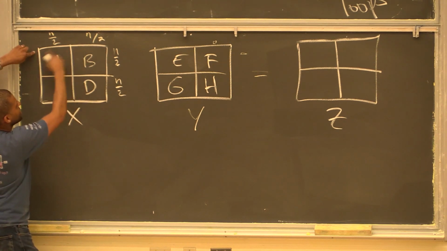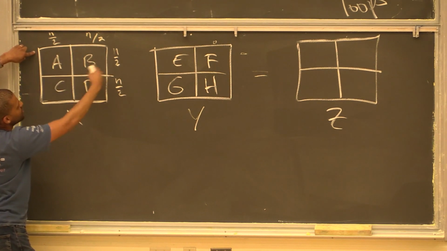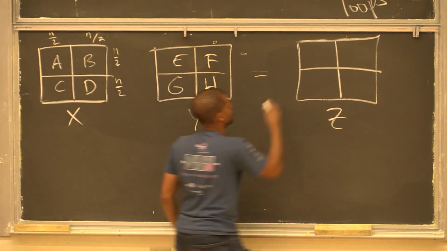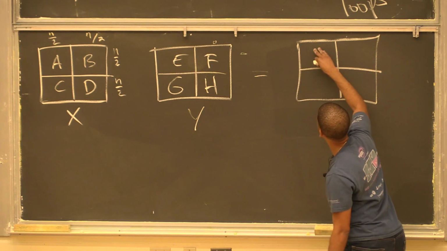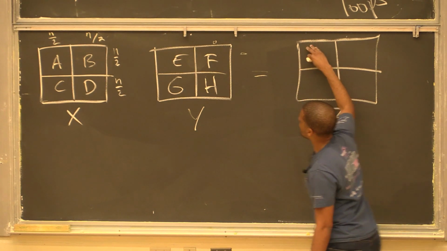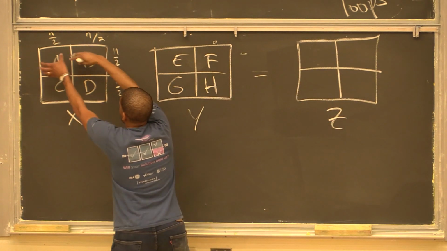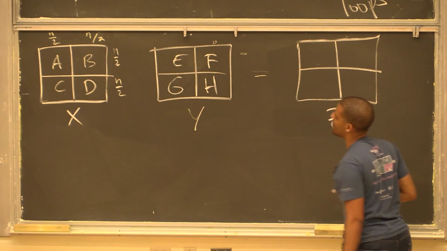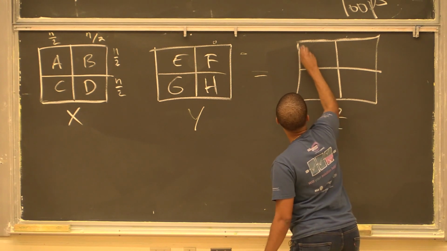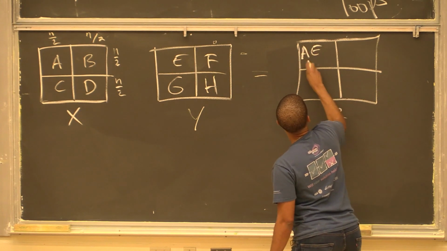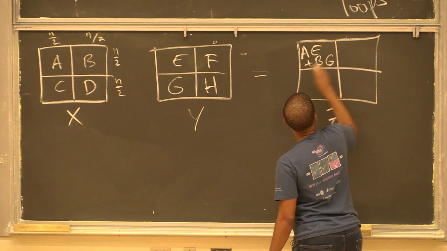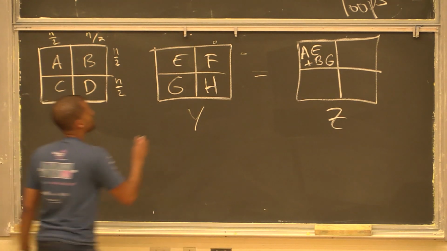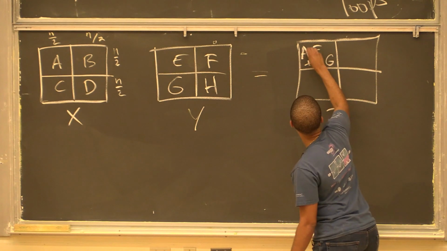Meaning, you basically take this collection of rows and dot it with this collection of columns, and you get something like AE plus BG. So the upper left block here is the dot product of the first block of rows with the first block of columns. Okay? And that's going to be AE plus BG. And just to be clear, there's a product here, right? You're multiplying these things.